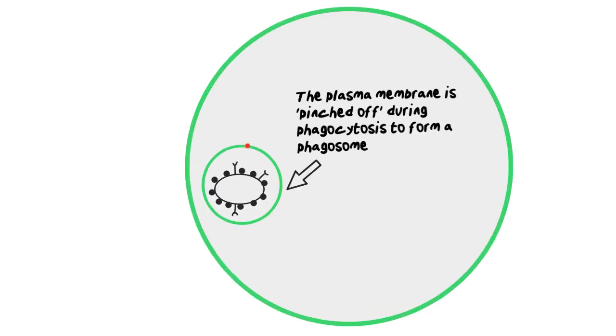The pinching off of the plasma membrane here creates something we'll call a phagosome. It's very similar to a vesicle, which we've visited in other lectures. It's just that the content of this will be the pathogen. The phagocytosis is similar to endocytosis in other lectures. It's just that with this particular process, we call it phagocytosis and a phagosome, rather than endocytosis and a vesicle.